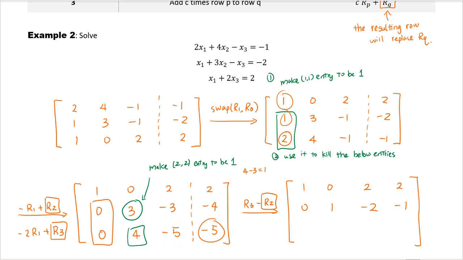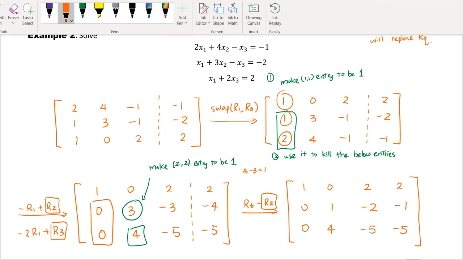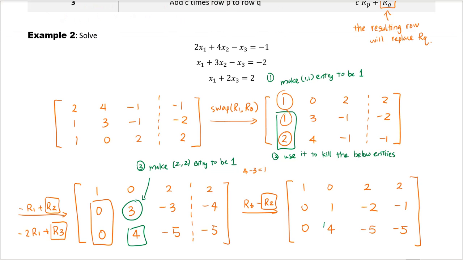And then the last row stays the same. Alright, what's next? Next we're going to use the 2 entry to queue the entry below it. So the last step, use this guy to queue the entry below it.